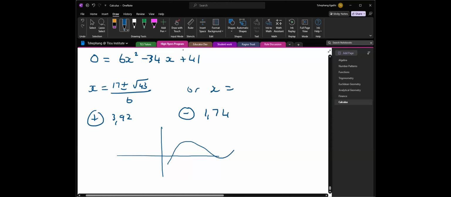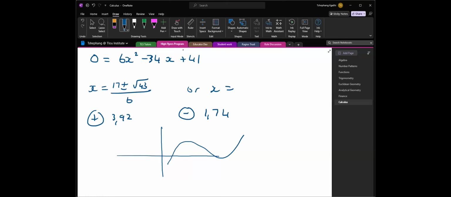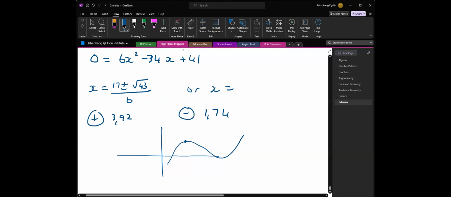We have our turning points: the first turning point was at 1,74, and the next turning point was at 3,92. Now these are all x values. How do we find the y? We have to substitute the corresponding turning point in order to find the y value.